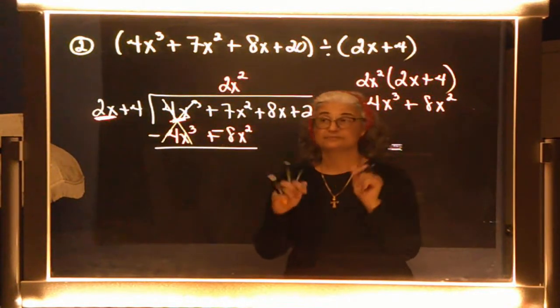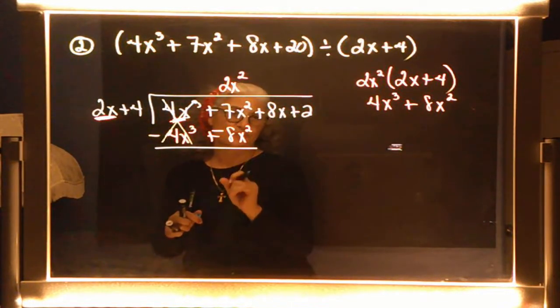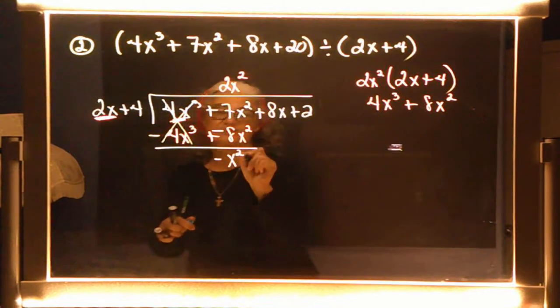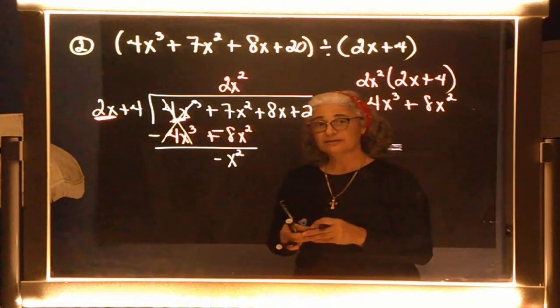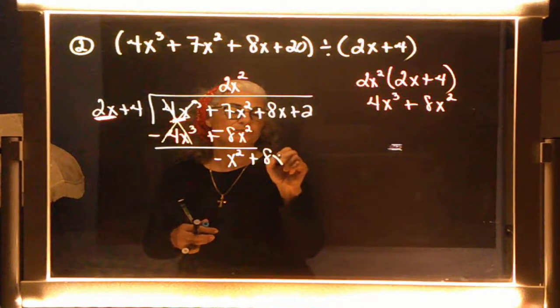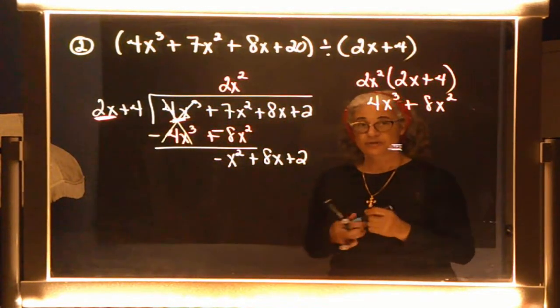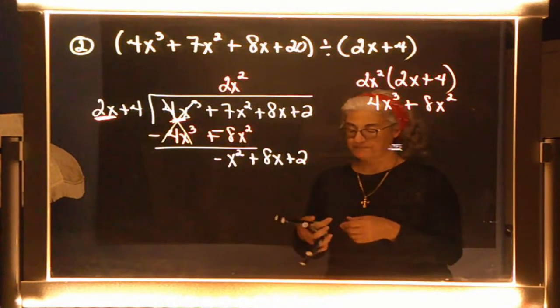Yay! 7x squared minus 8x squared. What do you get? You get a negative x squared, don't you? And after you subtract, good, I bring down the next term. With polynomials, I recommend bringing them all down. With me? Okay, and then I start over, don't I?